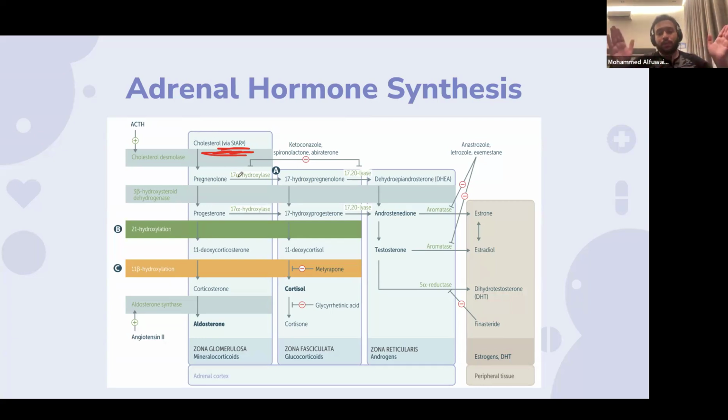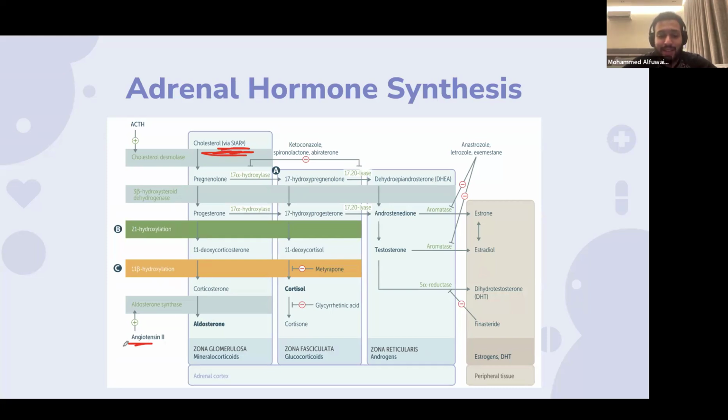It goes through two pathways. Okay, the two pathways it goes through are either through aldosterone or through the 17 alpha hydroxylation to glucocorticoids. The step where it goes through aldosterone goes through two steps, 21 hydroxylation and 11 beta hydroxylation. You give corticosterone and then aldosterone.